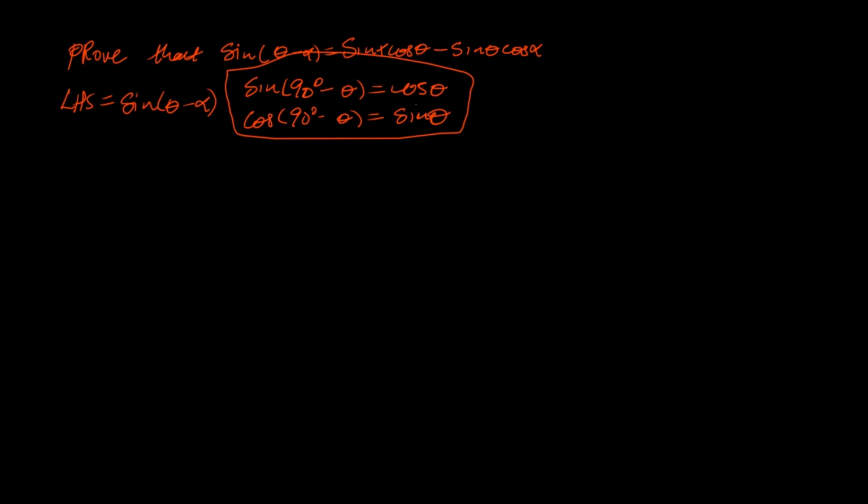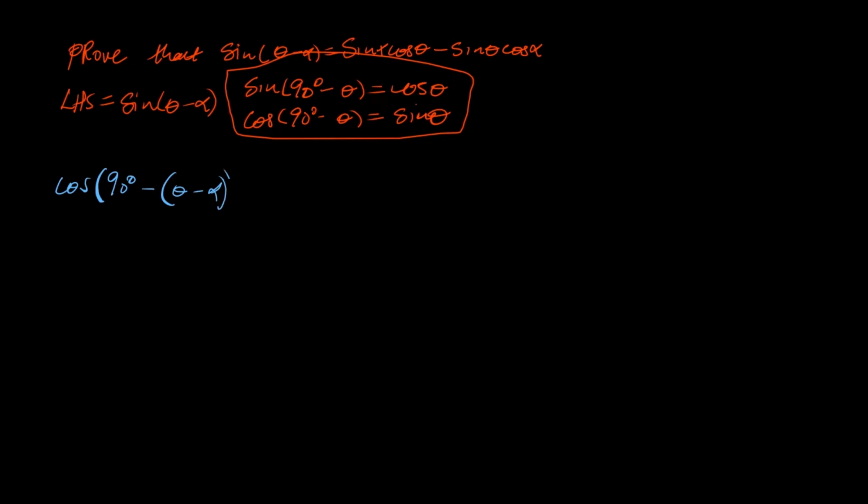So we are going to apply this notion here. We are going to introduce cos. We'll just say cos(90 degrees minus that angle that we have, which is theta minus alpha).